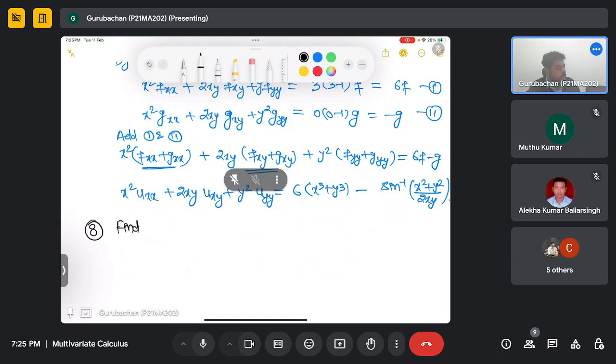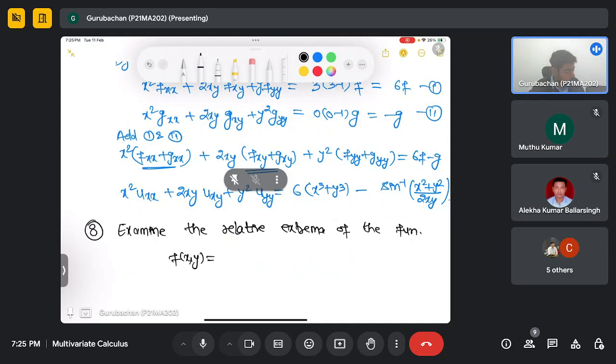So in fact, find, or you can say examine, the relative extrema of the function f(x,y) is equal to 4x square, and this is a nice function, and I am saying this function is nice because it is continuously differentiable, or you can say it is differentiable.